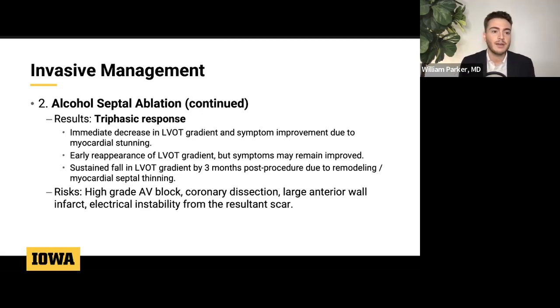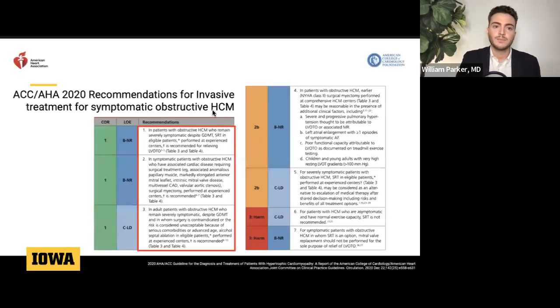You can develop a large anterior wall infarct, particularly if you inject outside of the vessel you were targeting, or if that vessel actually supplies other parts of the myocardium. And then you can have electrical instability from the resultant scar. Again, you are essentially giving this patient a selective MI, but you will likely have a scar as a result of that, and that can be arrhythmogenic.